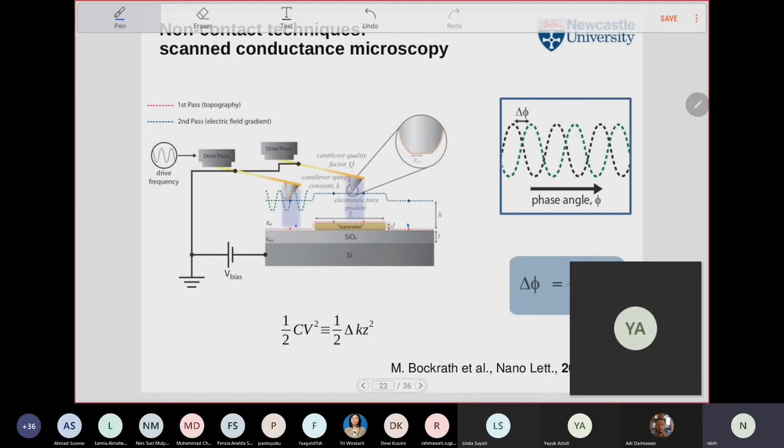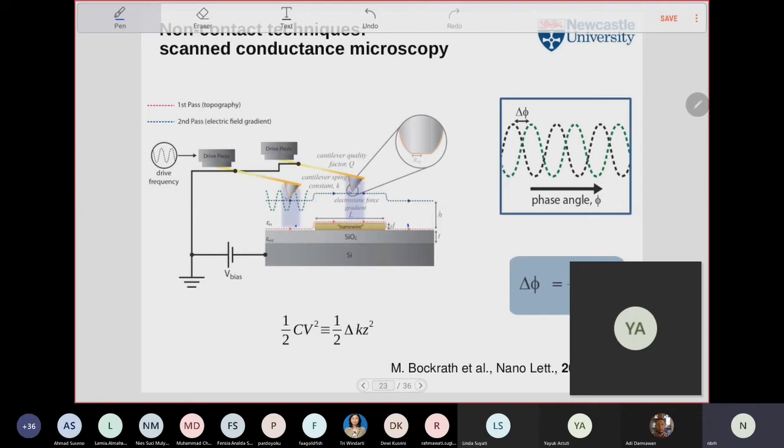And then in a second pass, it lifts the tip and comes back over the same line, but just at 50 or so nanometers above, and oscillating the tip along the blue line. So we have a blue line lifted at height h, which is typically about 50 nanometers, and coming back over the same section of the sample to be imaged, and the tip is oscillated.